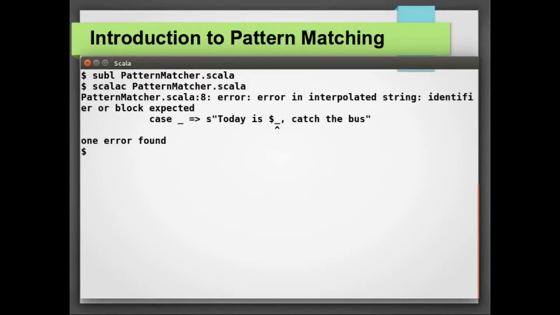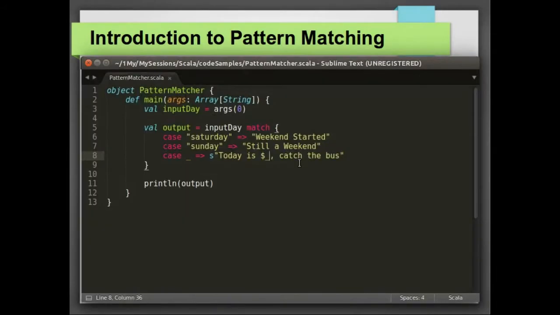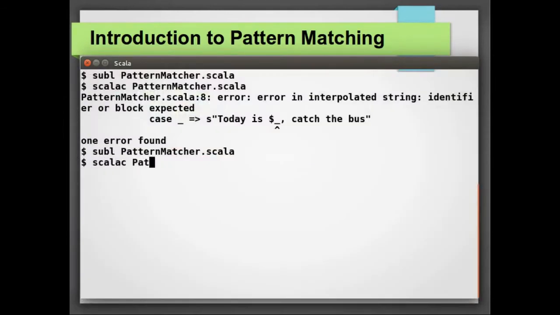Else we will get an unbound placeholder parameter error message. So that's just not going to work. In order to fix this error, we will change the return value on the right hand side to: not a weekend, you have to catch the bus. And that fixes our error.